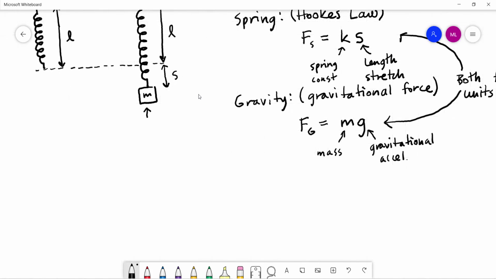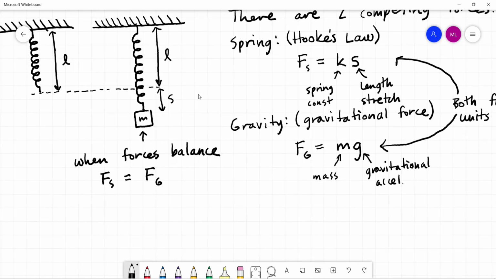So when the forces balance, meaning when Fs is equal to Fg, because in this case, gravity is going to be pointing downward, and the spring force will be pointing upward, right? So we basically have these two forces, one pulling up, one pulling down.